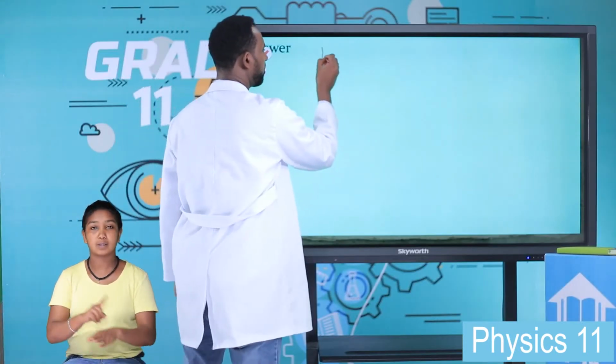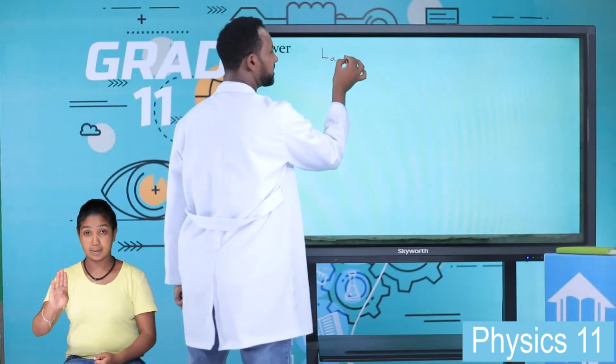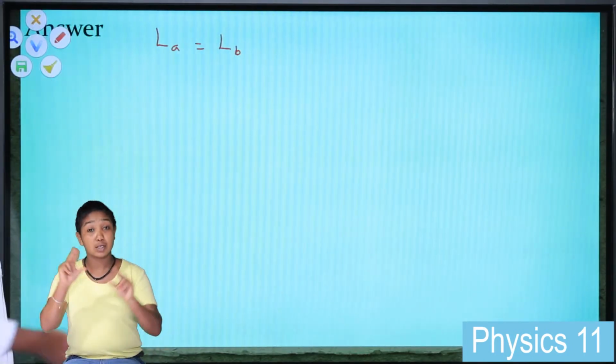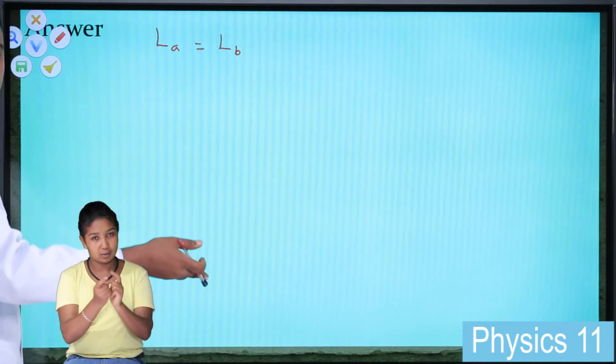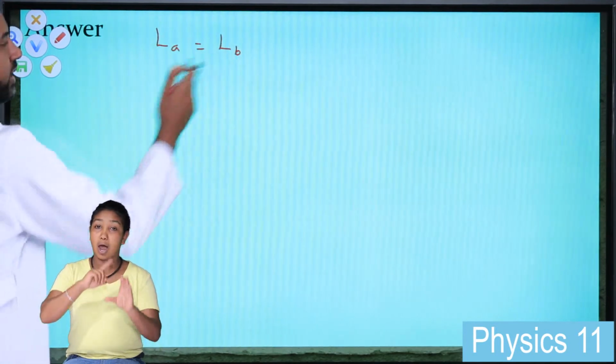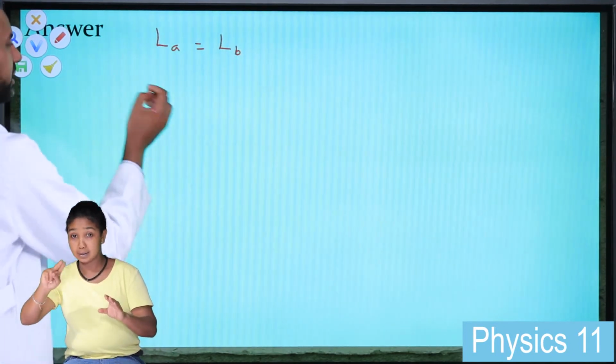So the angular momentum at point A must be the same as at point B. There is no external torque exerted on it. Therefore, L, the angular momentum at point A and at point B, remains the same.